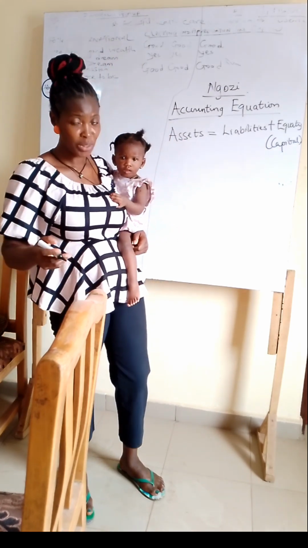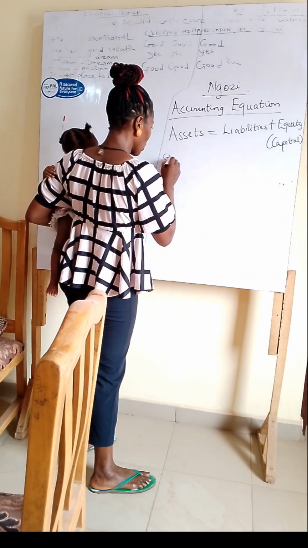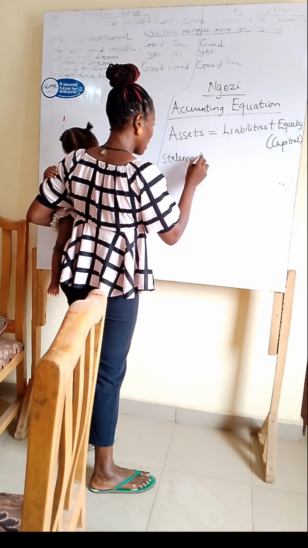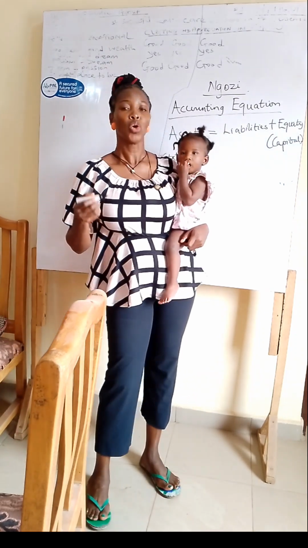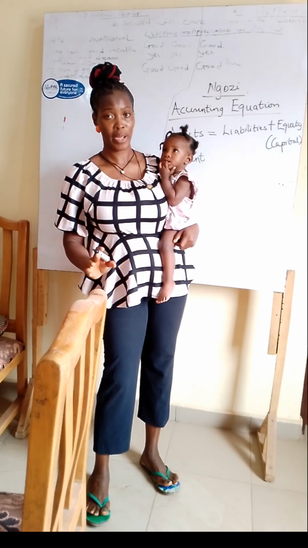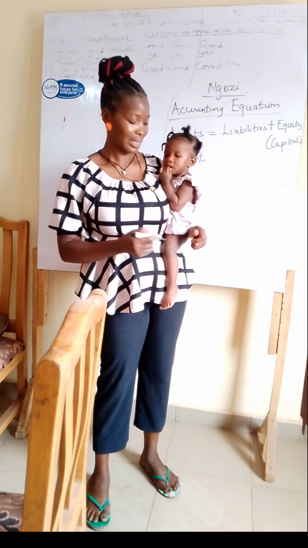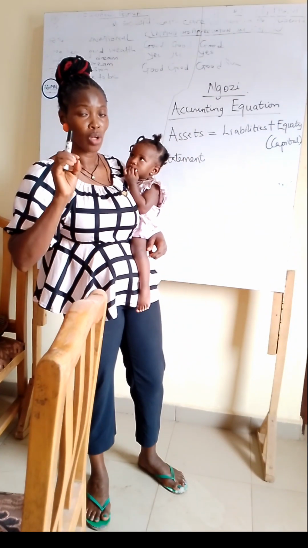And the balance sheet, which is currently known as your statement of financial position, is one of the financial records that you as an accountant will be required to prepare.